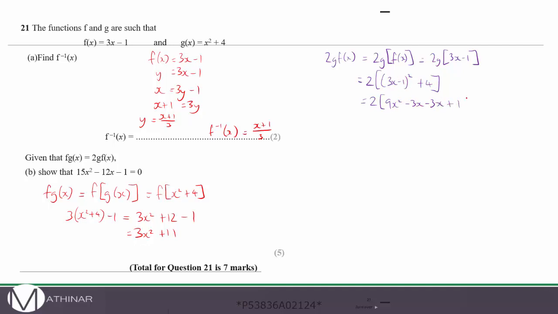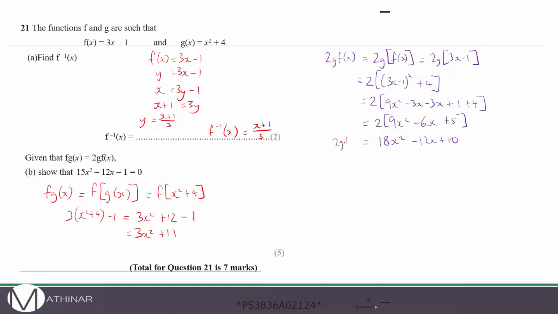That's from that, and then add 4, which is 2, and then 9x squared minus 6x plus 5, and then multiply that whole thing by 2, 18x squared minus 12x plus 10.